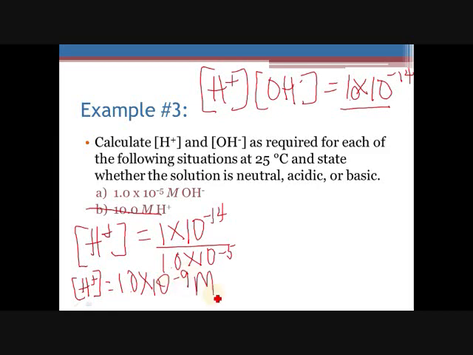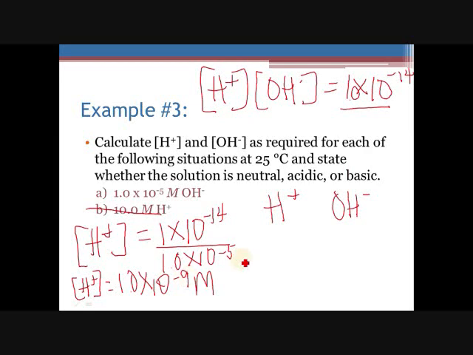Okay, so now I have to compare H plus to OH minus. Which one is bigger? This is kind of tricky for people sometimes because we have to look at the exponents on the times 10. We're comparing a negative 5 to a negative 9.